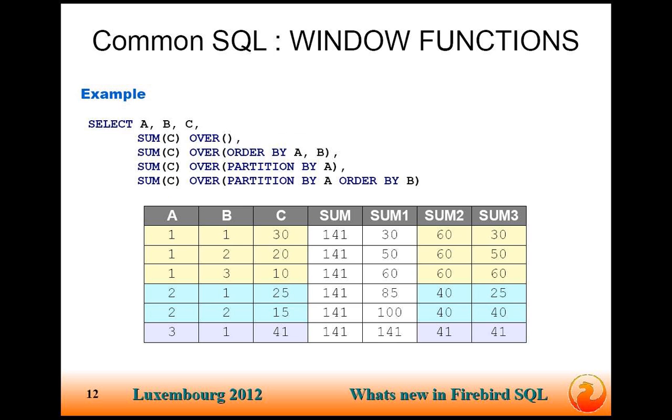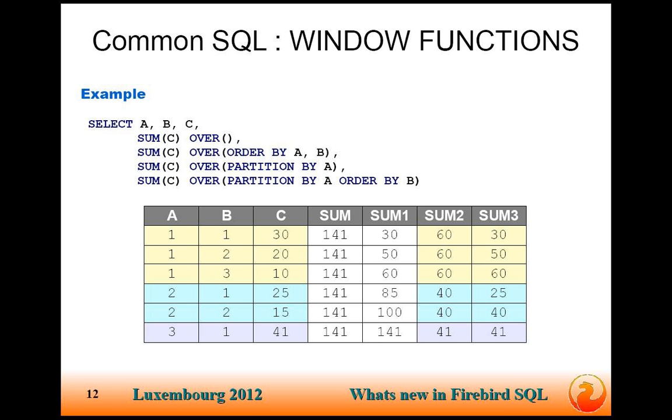Maybe it sounds very complex, but let's look at a very simple example. I have a table with 6 rows and columns A, B, and C. If you look only at these columns, you will understand what the table contains. Let's look at the first window function, SUM(C) OVER an empty window. An empty window specification means the sum works for the whole result set.